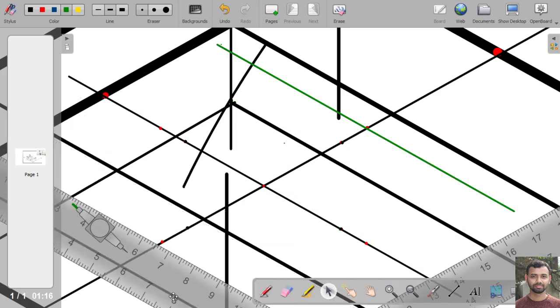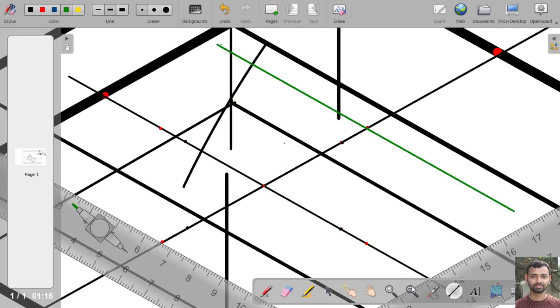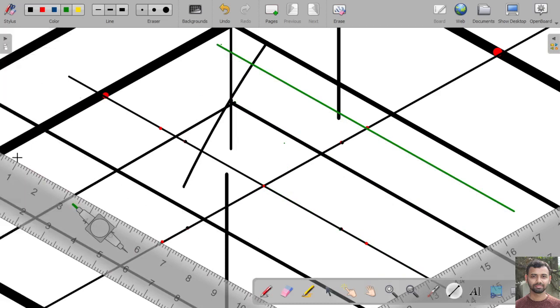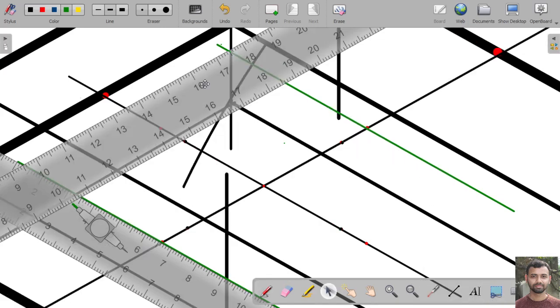This is the next line. Similarly, this line.